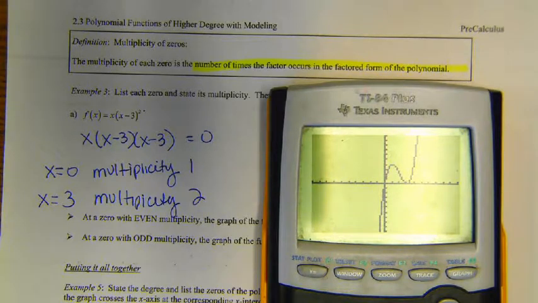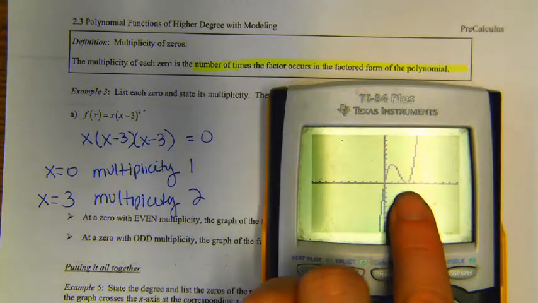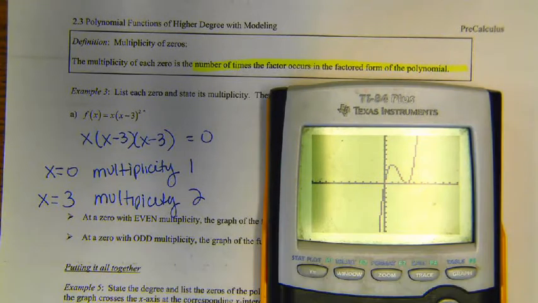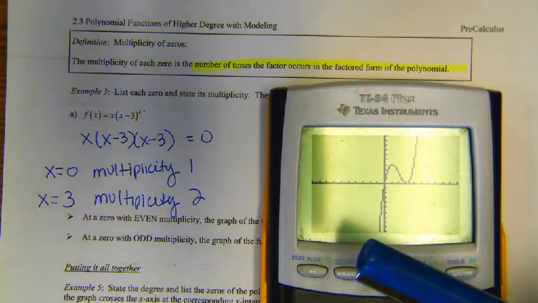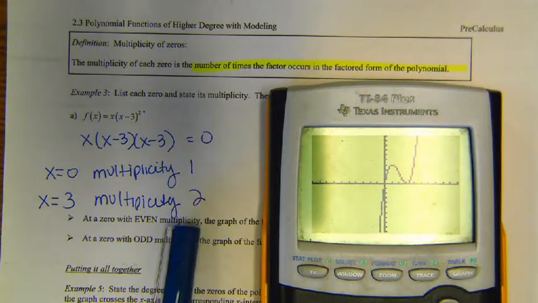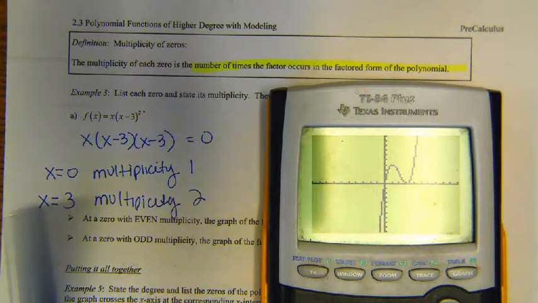Okay, so we see a 0 at 0, we see a 0 at 3, but what happens when x equals 3? It bounces off. It does not change signs, does it? It doesn't go through the x-axis. Okay, so I'm going to just point that out. That had an even multiplicity, and that's what happened. This had an odd multiplicity, and it went through. Okay?